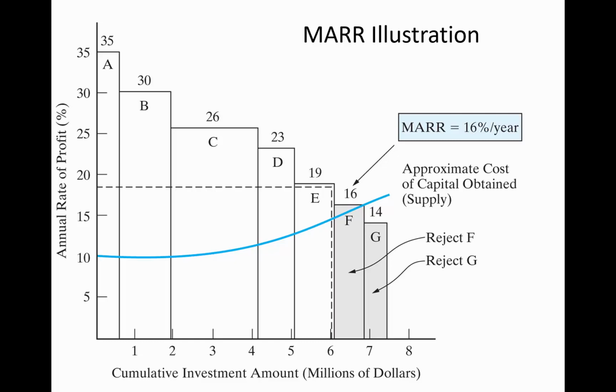What about Project E? Project E isn't as attractive as all the other projects. I mean, it's certainly not making 35% or 30% or even 23%, but right now, today, if there was a bank here in town that would pay me 19% and another one that would loan money at 14 or 15, I'd still take that trade.